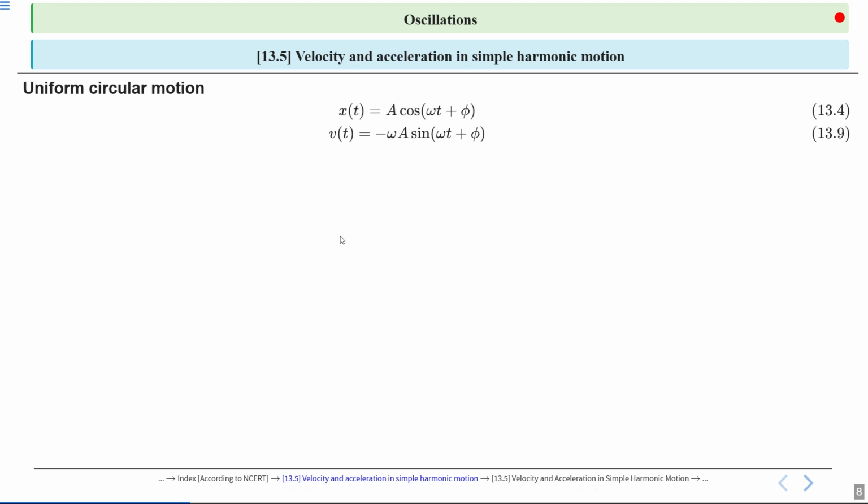Second, v of t is equal to minus omega A sine omega t plus phi. This is the velocity. The velocity equation is 13.9. It shows how fast and in what direction the object is moving at any time. Both equations depend on time and the phase angle phi.